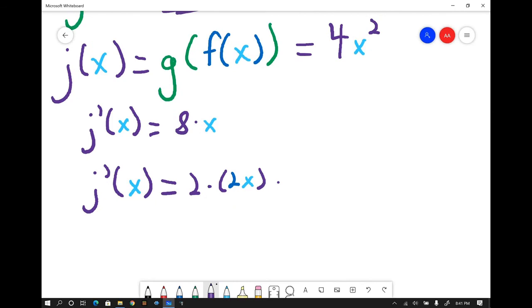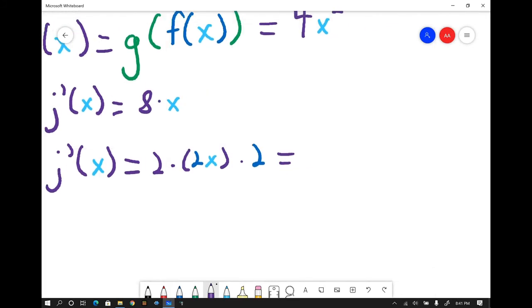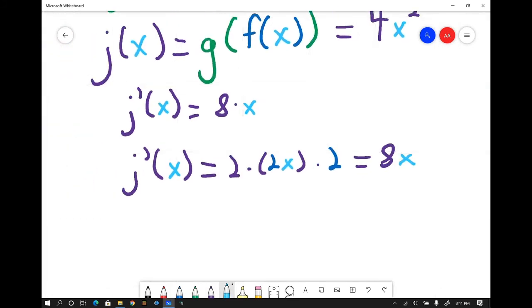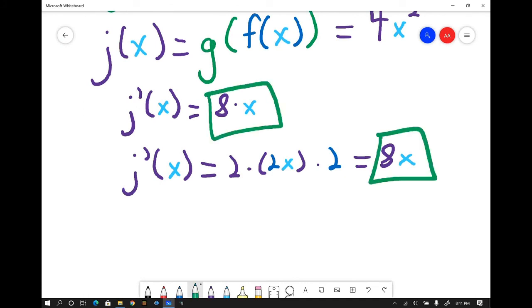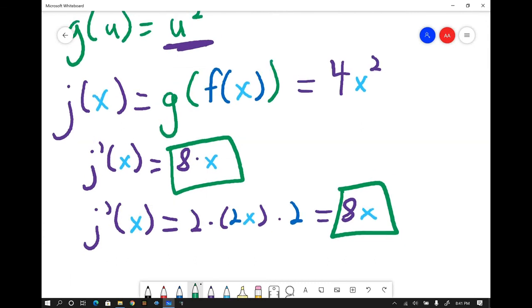And in this case, the derivative of the inner is 2. And we're actually still left with 8x. So we know that by using either the chain rule, or in this case, our quadratic rule, we don't really have a name for it right now, but just using our regular derivative formula, we get the same answer. So our chain rule works.